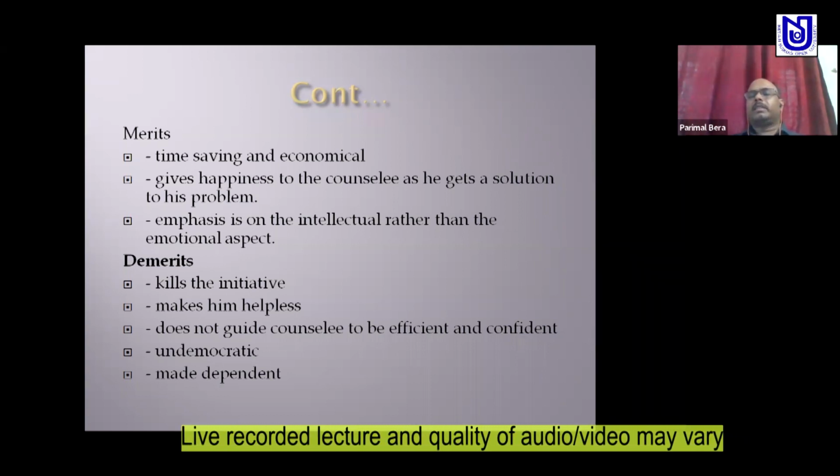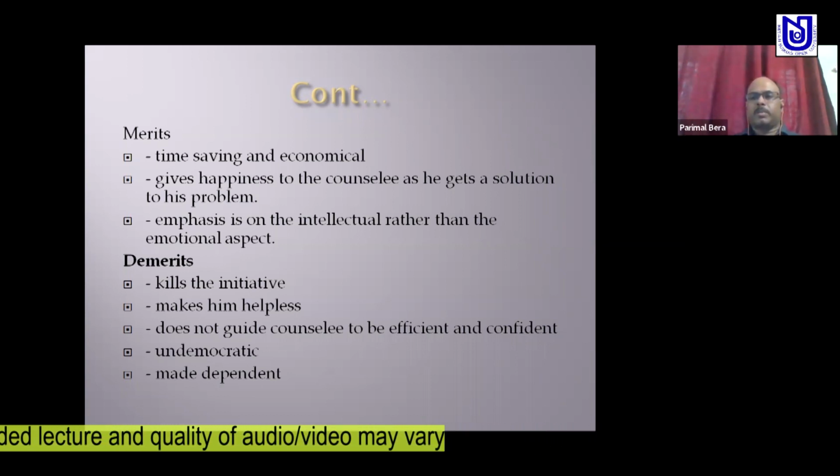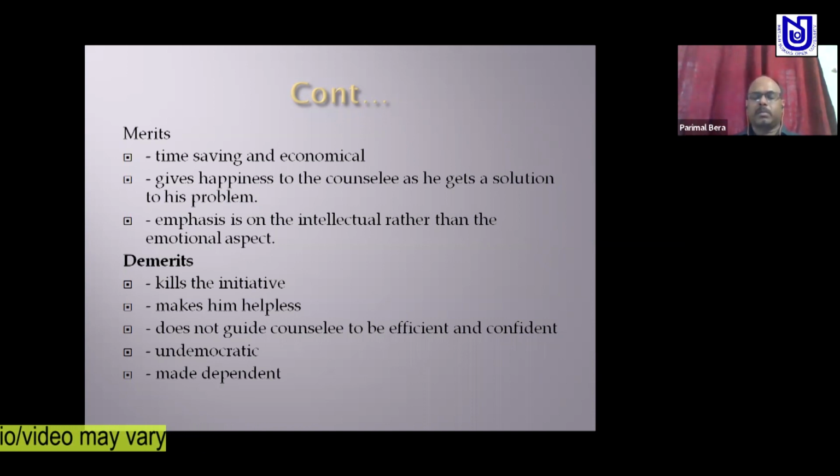Demerits: it kills the initiative, as in play therapy. That is also a type of cognitive-based therapy, the psychoanalytic approach in counseling or therapy. They believe that every child, even every individual, has the potential to solve the problem if you give the proper situation.